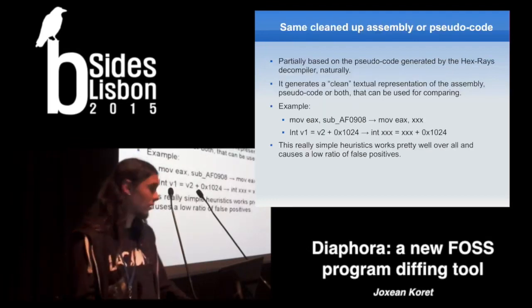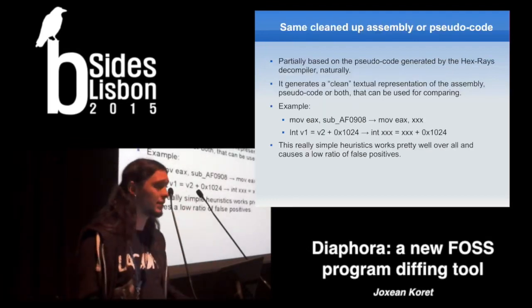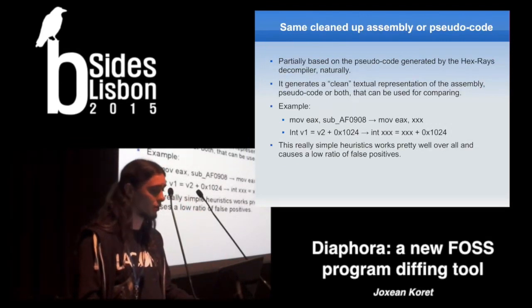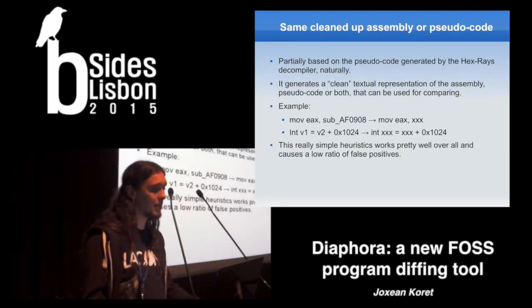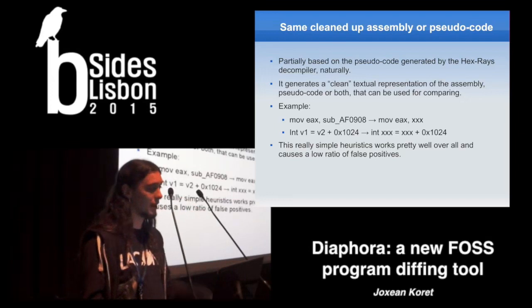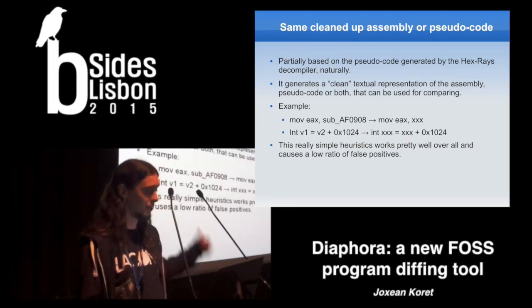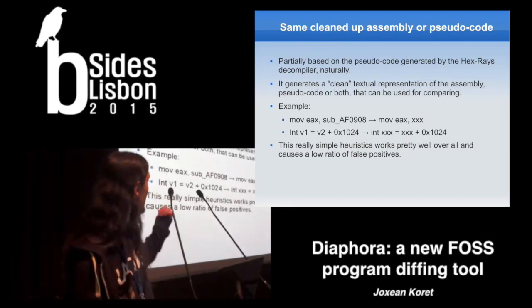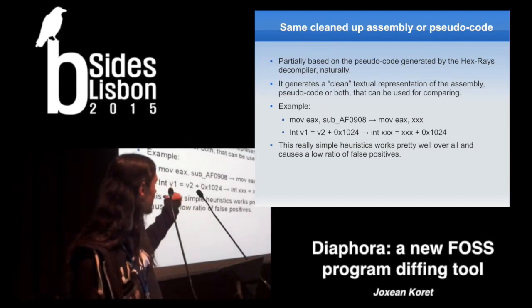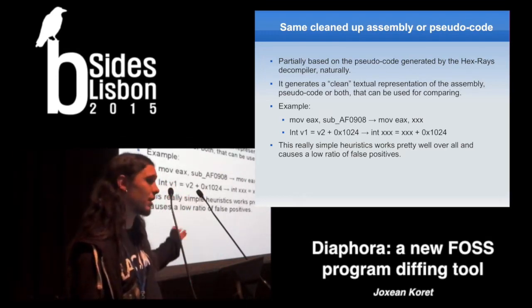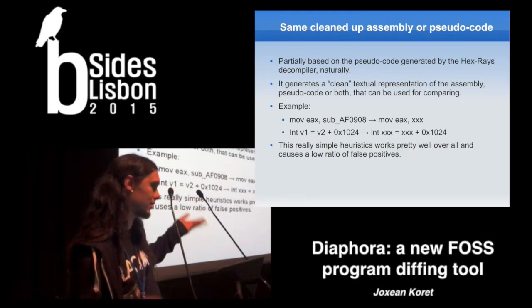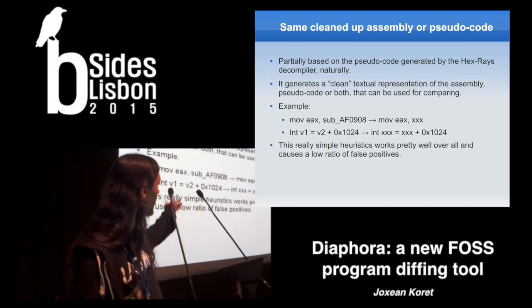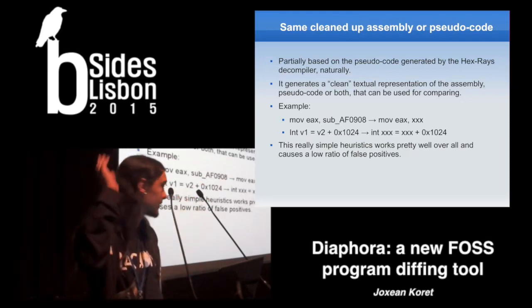Okay. How it works is, the heuristic, the same cleaned up assembly or pseudocode, is partially based on the pseudocode generated by the Hex-Rays decompiler, naturally. It generates a clean textual representation of the assembly, pseudocode or both, that can be used for comparing. For example, if you have an instruction like mov eax, sub_something, it will simply remove the part that is auto-generated by IDA, and it will be like mov eax, XXX.